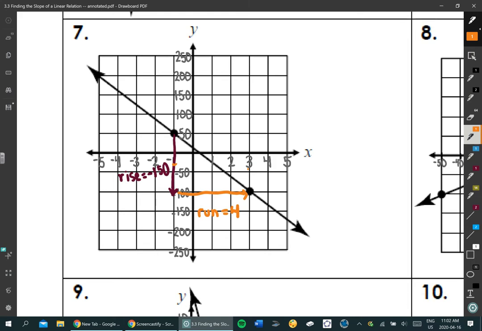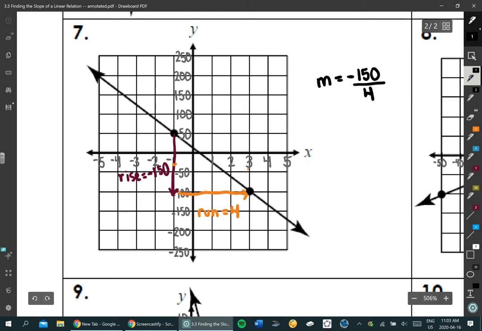All right. So see how the scale really plays with you, because the y-axis is so different than the x-axis. But we will come across graphs that look like this, so we have to get comfortable with it. Okay, so let's write M. We get -150 over 4. Now that can be reduced, because both of those are even numbers.